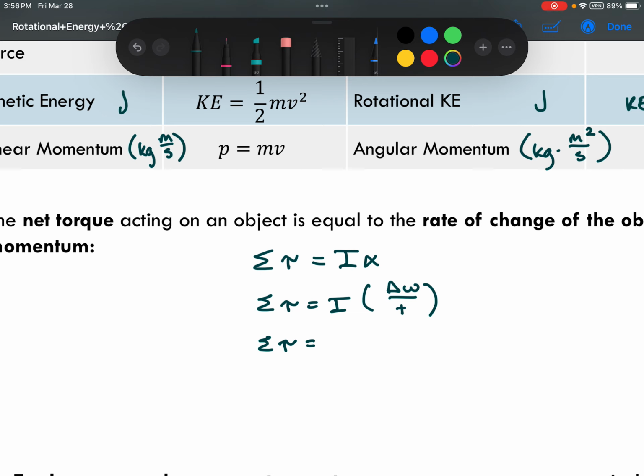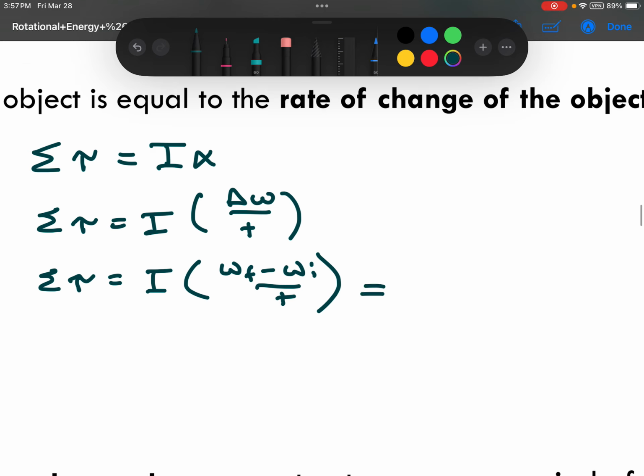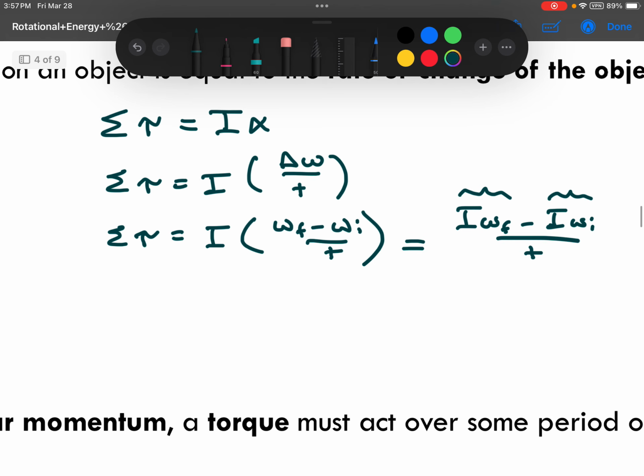So net torque equals I times (omega F minus omega I) over T. And we could expand that out by distributing the I one more time: I omega F minus I omega I over T. And now each of these I omegas is our angular momentum. So we end up with net torque is equal to the change in angular momentum over time.